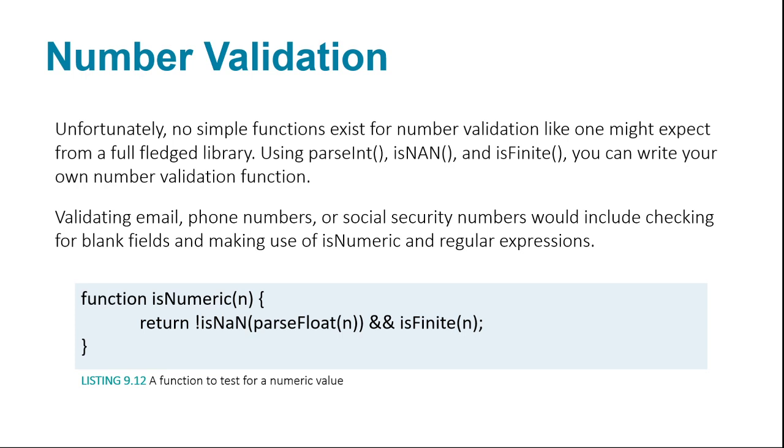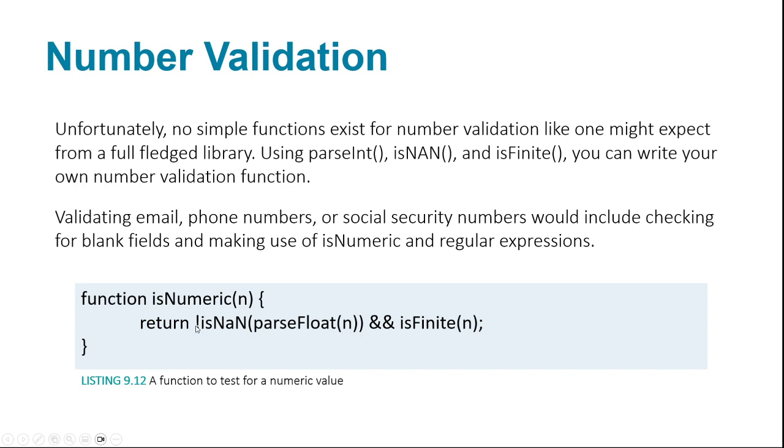So the function down here is checking if something is numeric, if something is a number. It's passing through some sort of value, and then it's returning it. This exclamation point here means not. So you have and, or, not in terms of logic for programming.